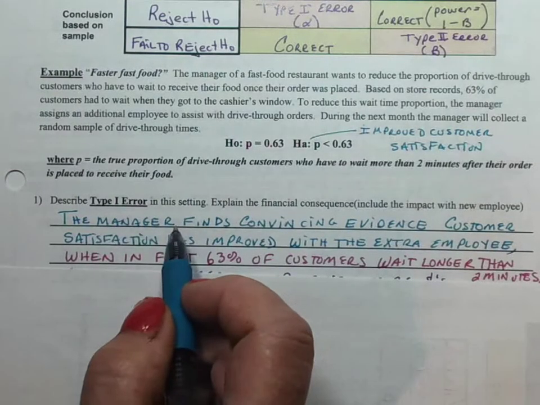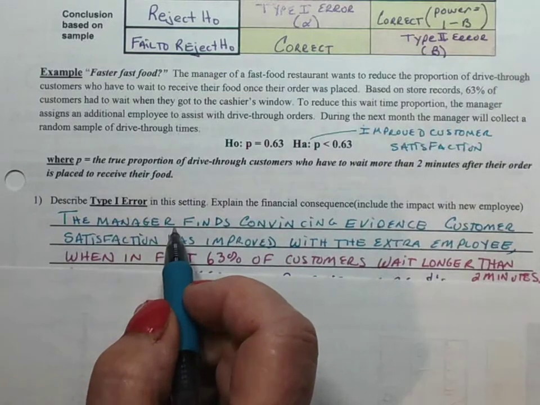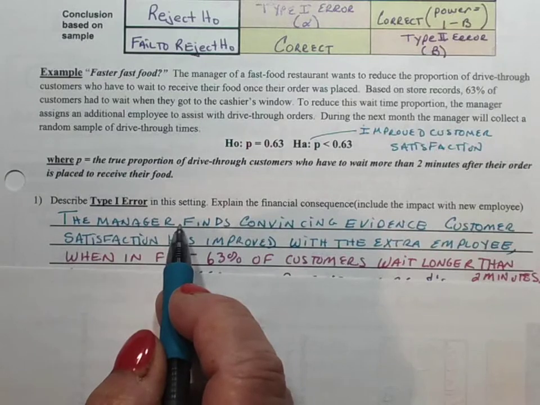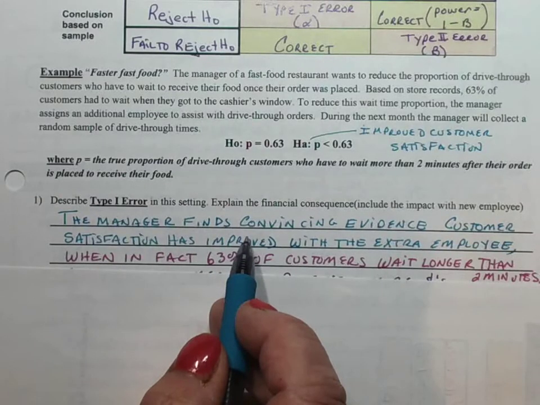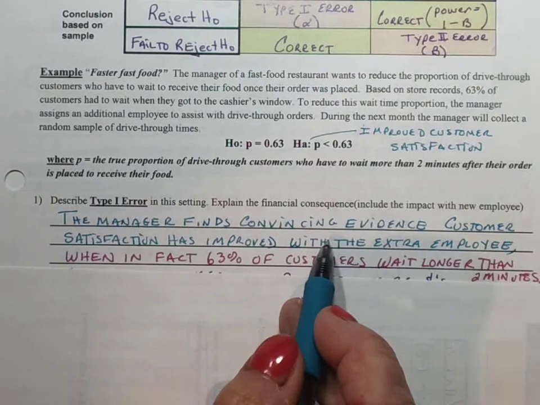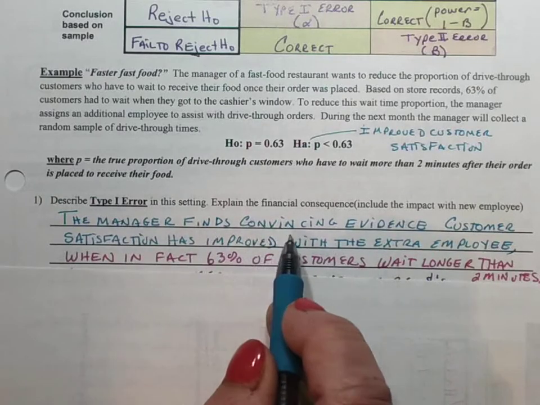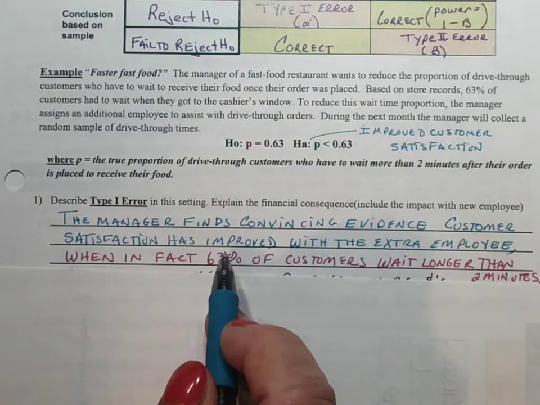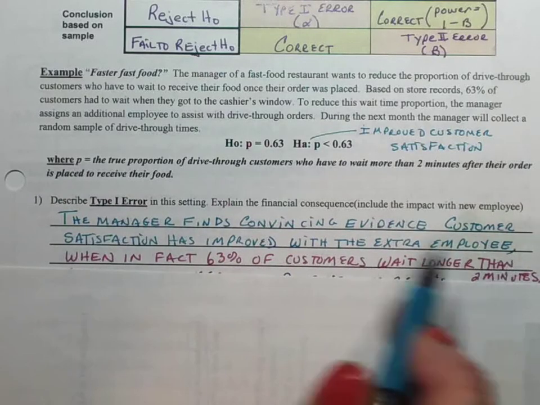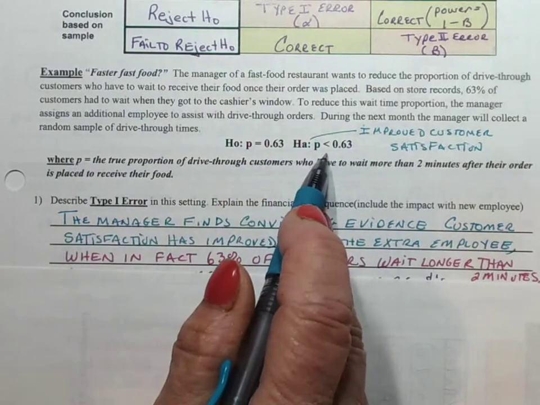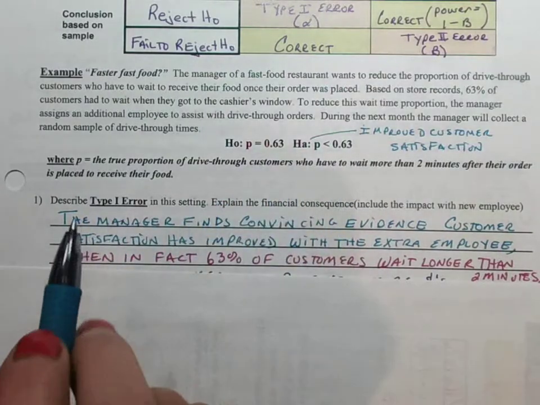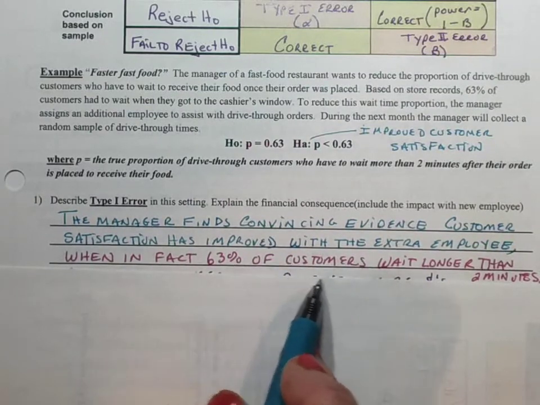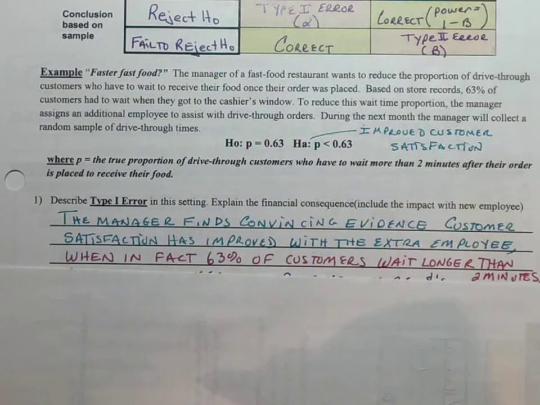Okay, so remember I told you a type 1 error means that we reject the null hypothesis. If we reject the null hypothesis, then we have convincing evidence. The manager finds convincing evidence customer satisfaction was improved with the extra employee. We rejected, found this to be true. But our error is when in fact 63% of the customers wait longer than 2 minutes.